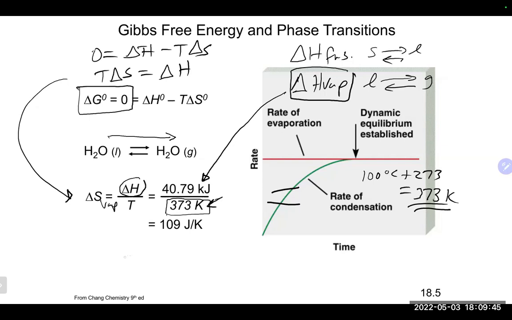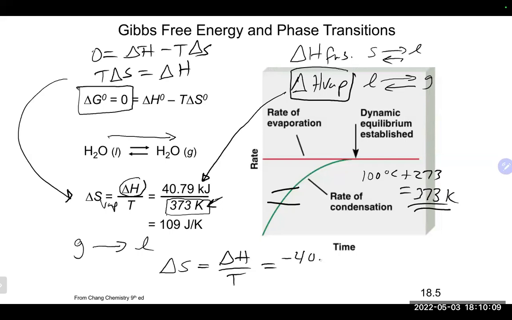If we were specifically talking about going in the opposite direction, the condensation, if you will, delta S of condensation, going from gas to liquid, what would change in this equation? Just the sign, right? So it is the same number no matter which way you go, but it is exothermic as you're going from gas to liquid.